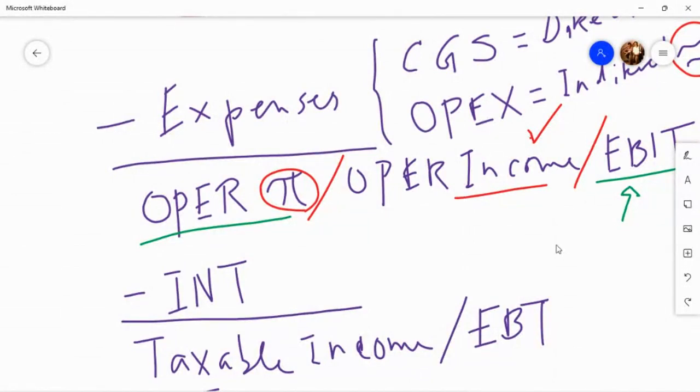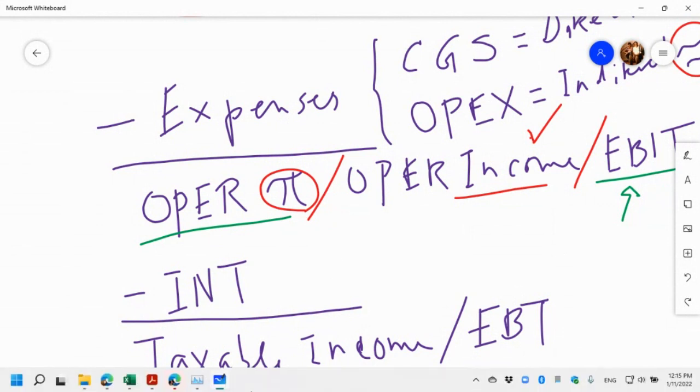The only thing that would be common would be depreciation, and if ever, interest. Only these two items can occur in these two statements, but otherwise, all the line items are completely different.